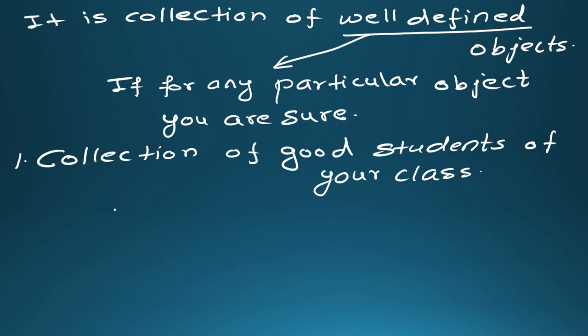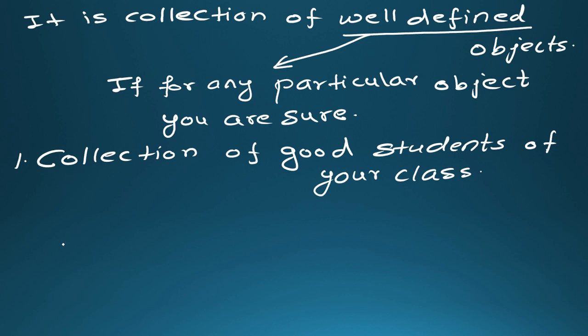If I ask your teacher whether you are a good student or not, what will he or she say? Maybe you are very good in his subject, so he will say yes, he is a very good student. But unfortunately, if you are not good in his or her subject, then he or she will say no, he is not a good student, but he is average.